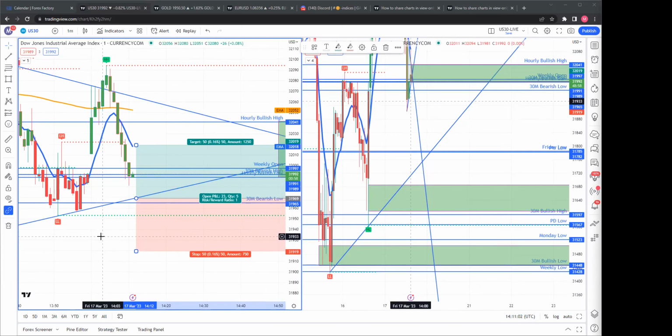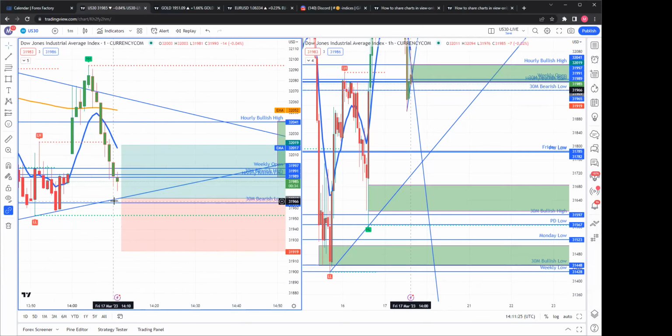So it's closing above that hourly bullish high. If this candle closes above the hourly bullish high, I might enter in a smaller lot size, because the previous 1 minute candle closed above the hourly bullish high. If this current one closes above it, I'll enter the buy right there. But I need this candle to perfectly retest this trend line and close above.